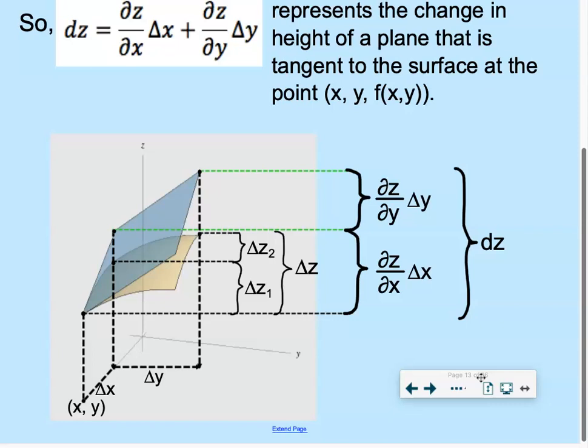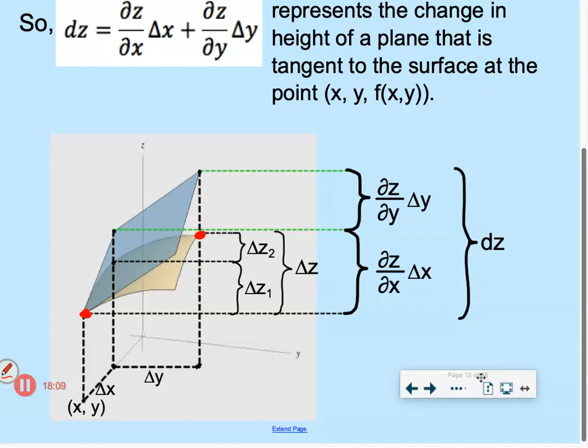So we have some sort of an error with this input and some sort of an error with this input. Because we've got delta x's and delta y's going in, we end up with the new point for the x, this is the new point, and this is the new point, the actual new point on the function.